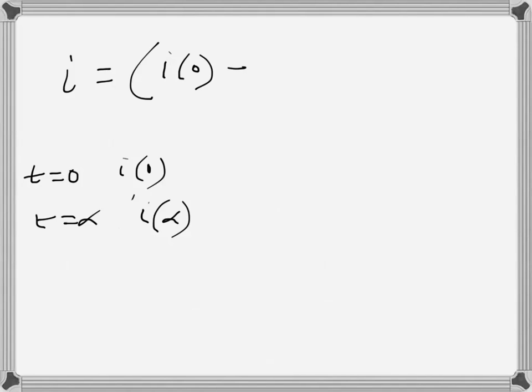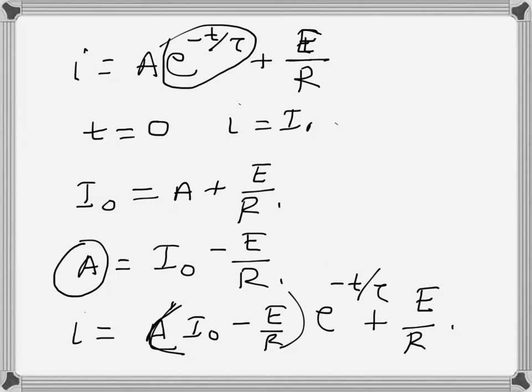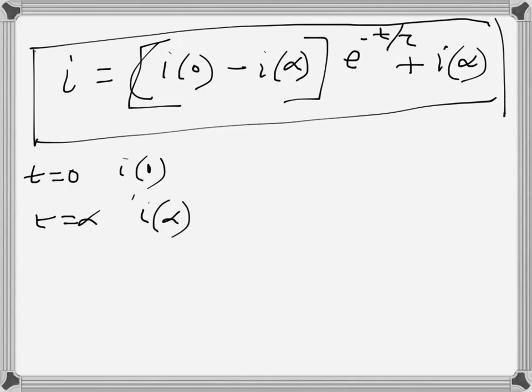So I equals I naught minus I infinity, which is the steady state one, times e to the power minus t over tau, plus I infinity. This is the standard form for the current in the inductive case, the RL circuit.